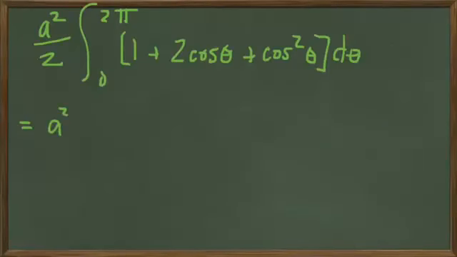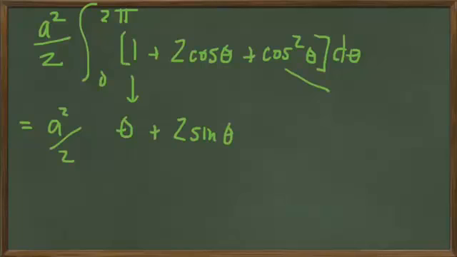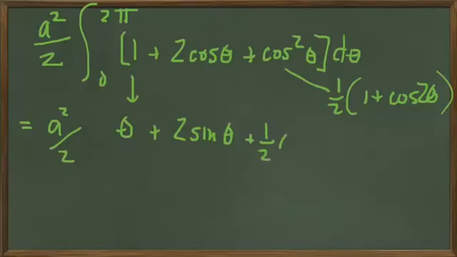So the constant out front stays. We integrate the 1 to get theta. We integrate 2 cosine theta to get 2 sine theta. To integrate cosine squared theta, we use the identity that that's the same as 1/2 times 1 plus cosine 2 theta. And so when we integrate the 1/2 times 1, we get 1/2 theta.